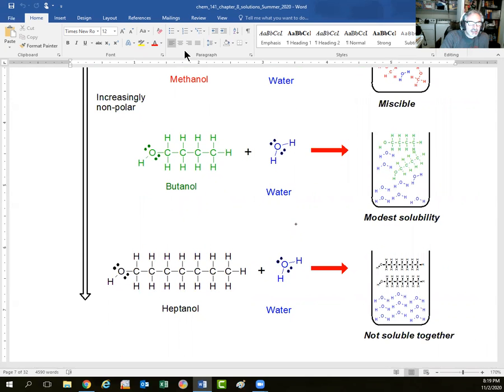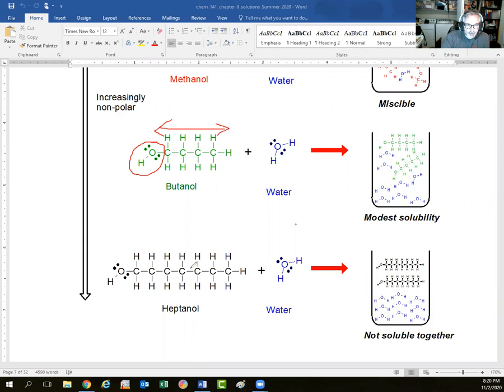We see how we've extended the part of the molecule which is non-polar. That's the part of the molecule that water doesn't like. But it does have a small portion which is compatible. So we do see water mixing with some butanol to form a solution. But we'll have a much lower solubility limit, and then the two chemicals will quickly start to separate into layers. But you can get some to dissolve.